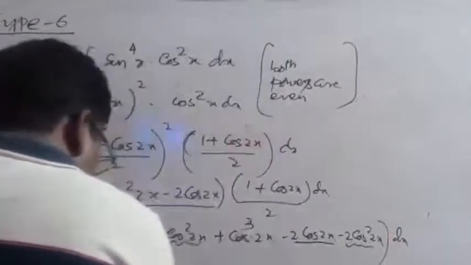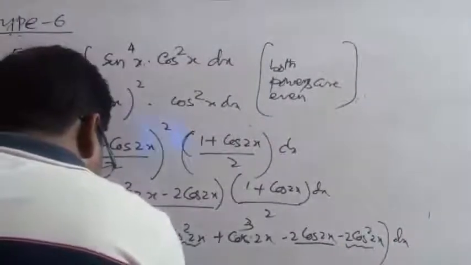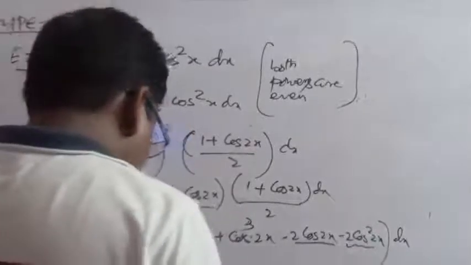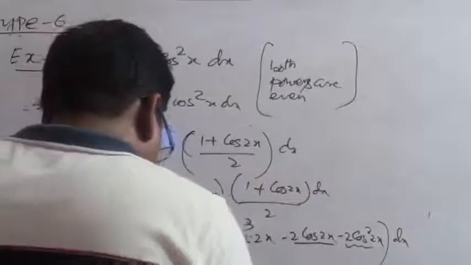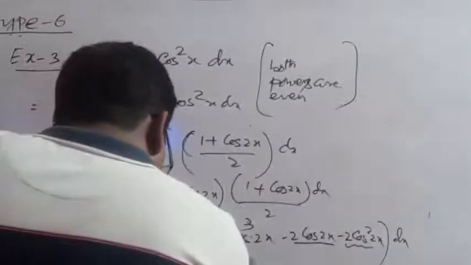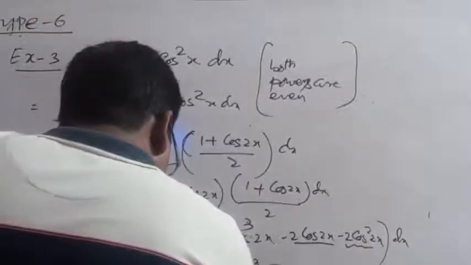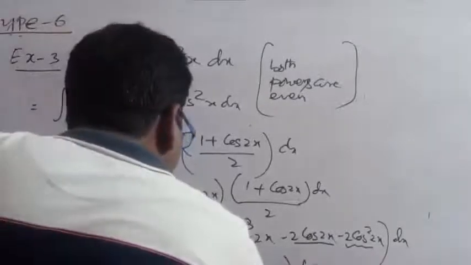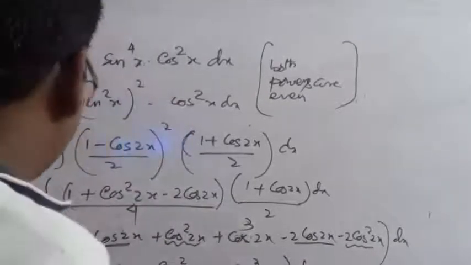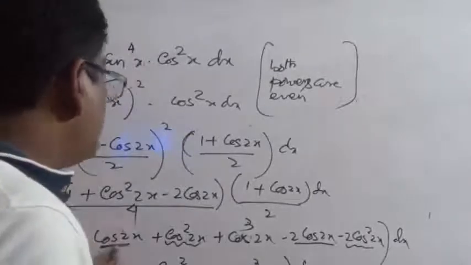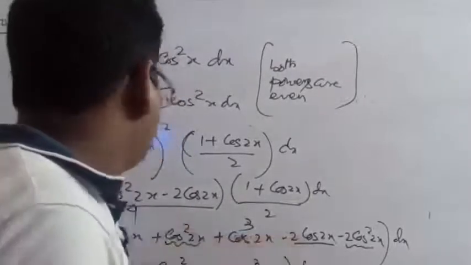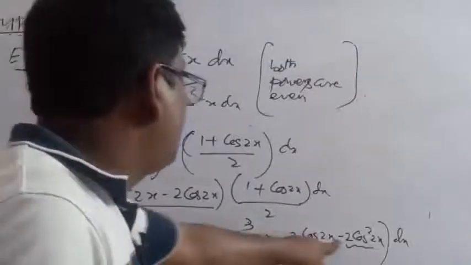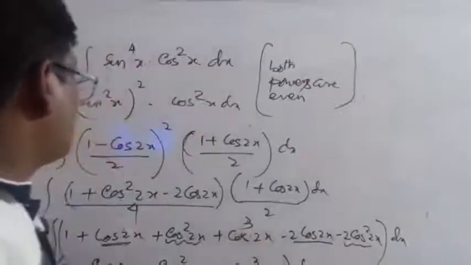So this will be minus cos square 2x. Then cos cube 2x dx. So look, check again: 1 cos 2x minus 2 cos 2x, so minus cos 2x, then cos cube 2x, and cos square 2x minus 2 cos square 2x, so minus cos square 2x.